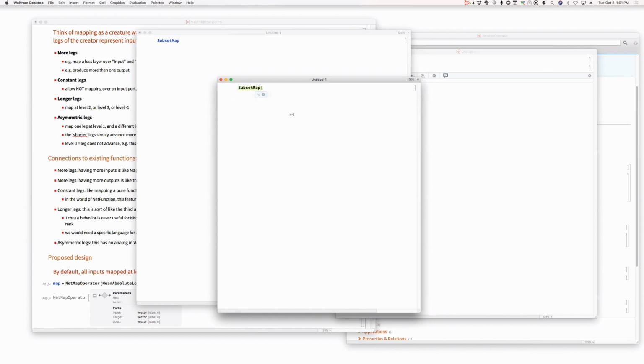Okay, so let me show you SubsetMap. So let's say Range of 10, and then let's say {6, 8}. Actually, I don't need the double brackets. I just need one level of brackets.